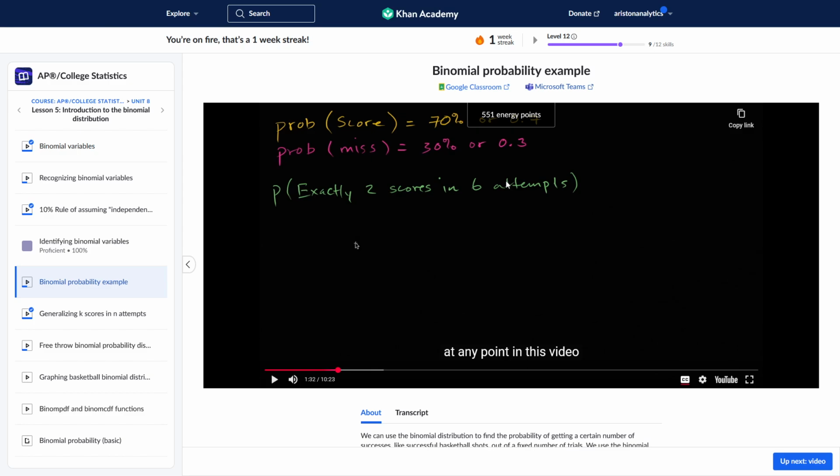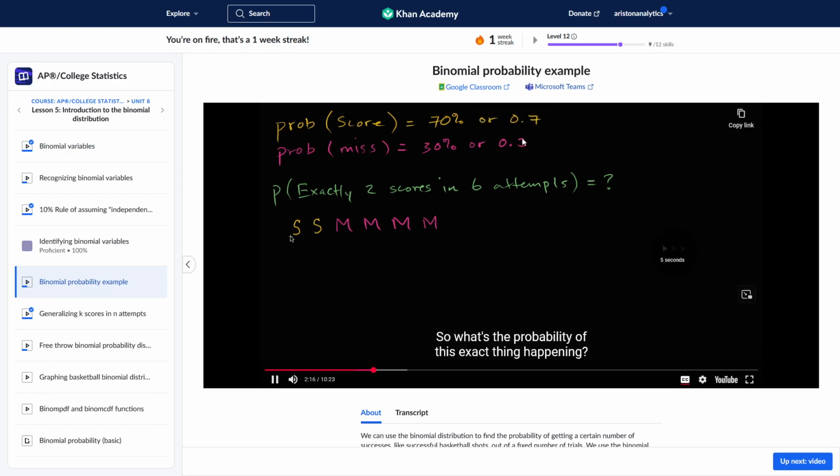So we get the probability of exactly 2 scores in 6 attempts, just one version of that, and then we multiply that by the number of ways to have 2 scores within 6 attempts.